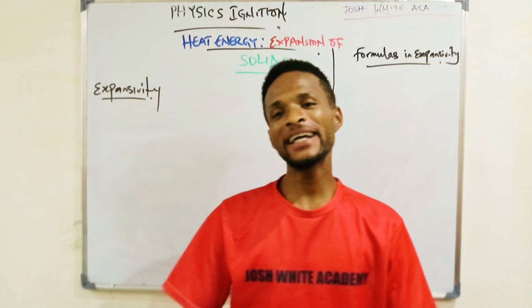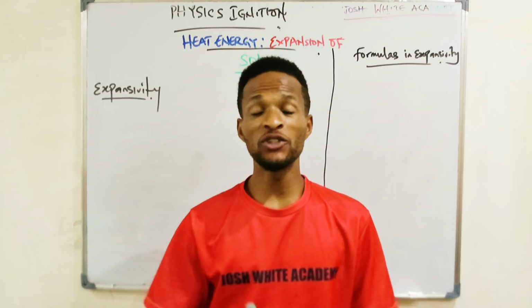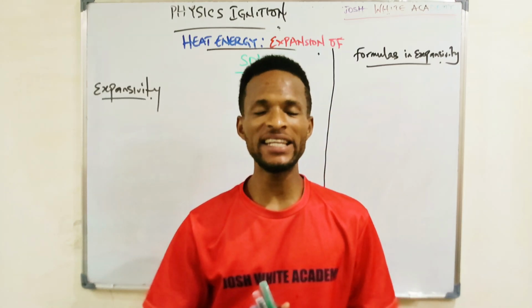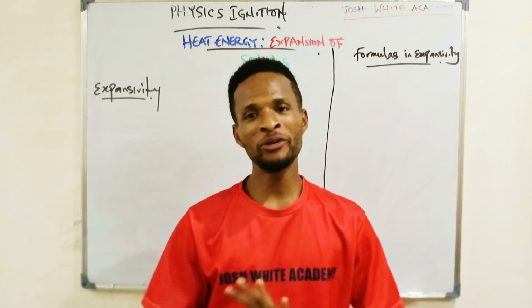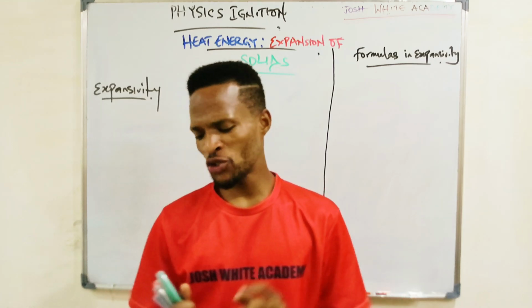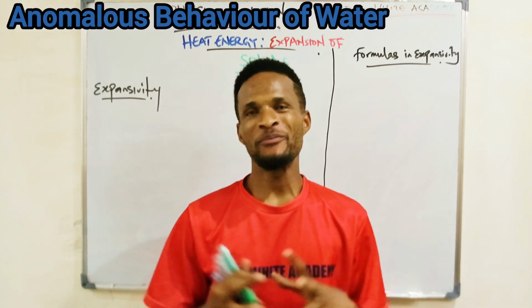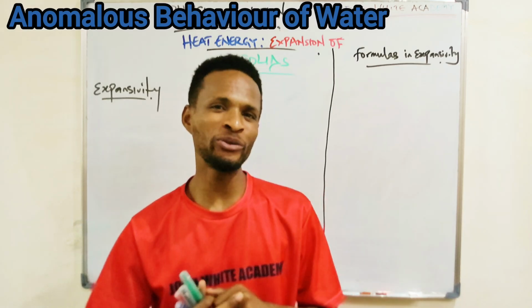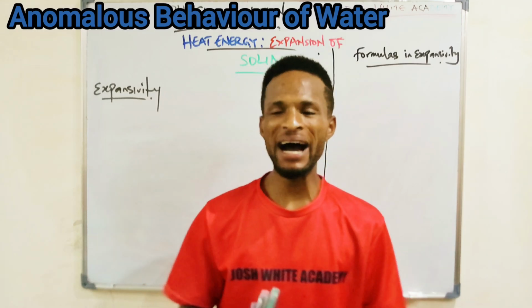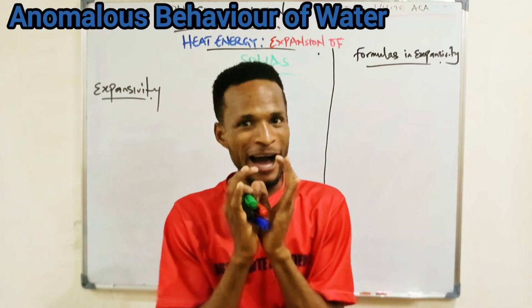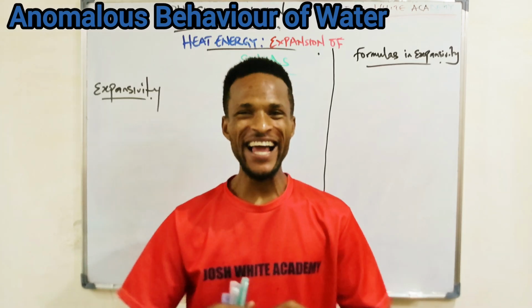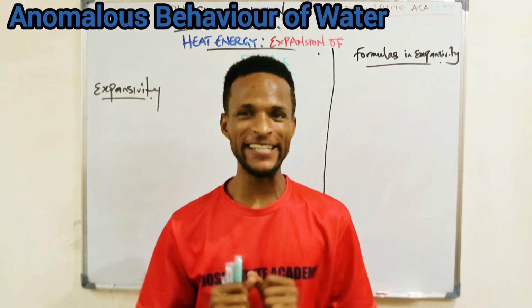Now, before I delve deeper into expansivity, I want to explain a wonderful phenomenon that happens in water, which is known as the anomalous behavior of water. Now, water and a few other liquids have an abnormal, let me call it that way, an anomalous behavior when heated.